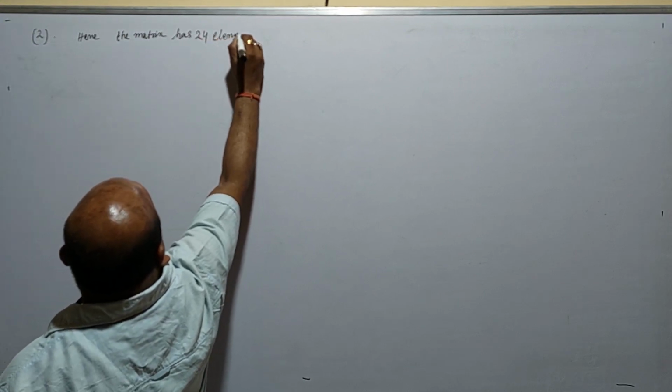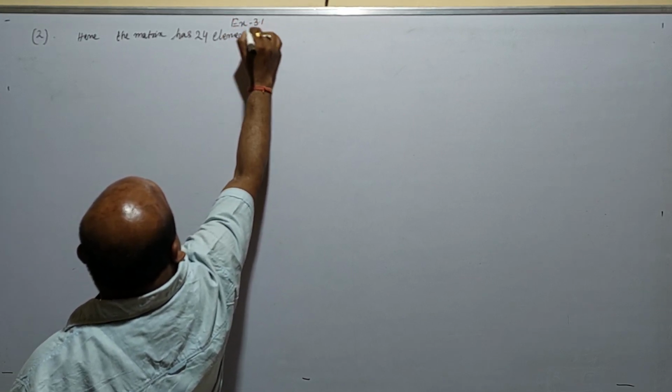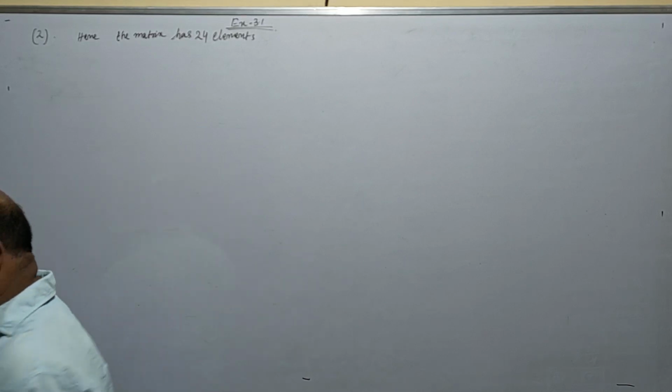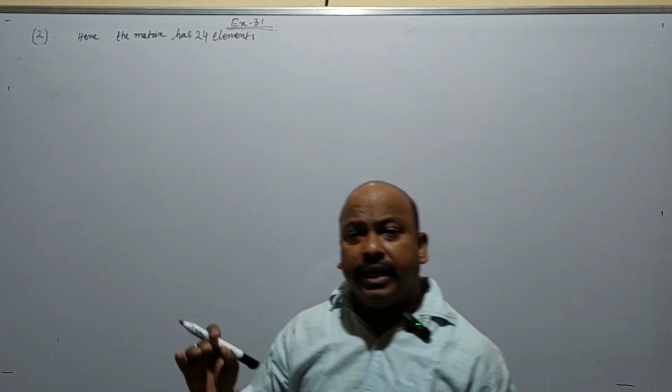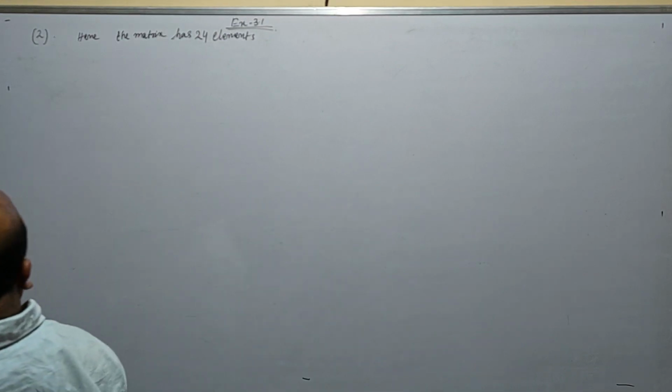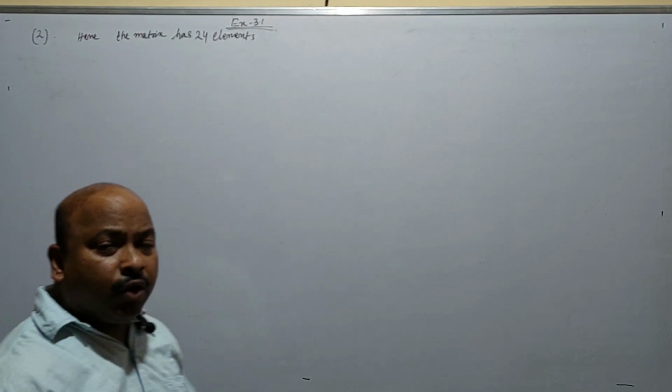Students, I am discussing exercise 3.1. Here the matrix has 24 elements. You know that the order of the matrix tells how many elements the matrix contains. The question is asking to find the possible orders.